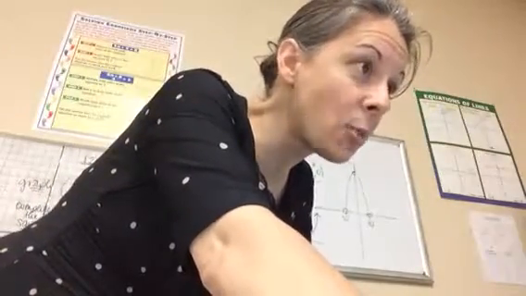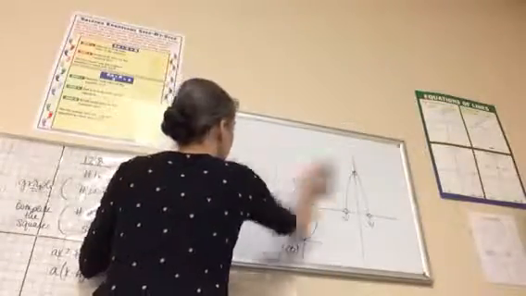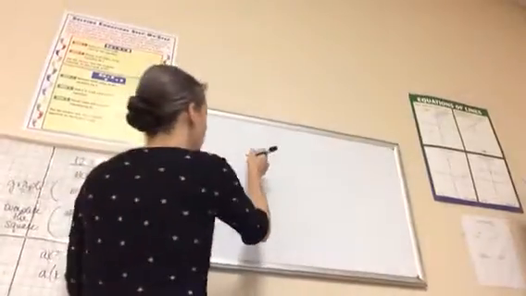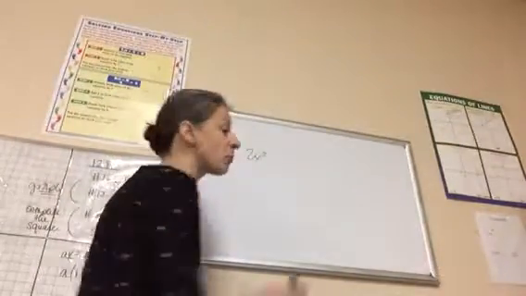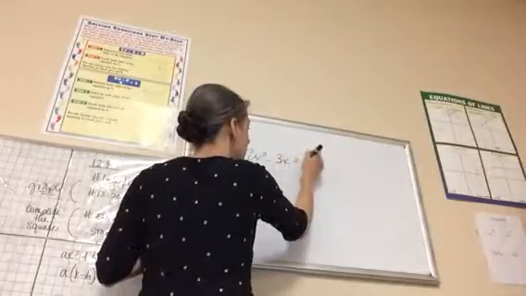Okay? So, we can find the zeros algebraically. If you have a graph, you're just going to interpret your graph. You're just going to read the graph and find your zeros. I wish that was all. But if you don't have a graph, then you're going to find the zeros algebraically.